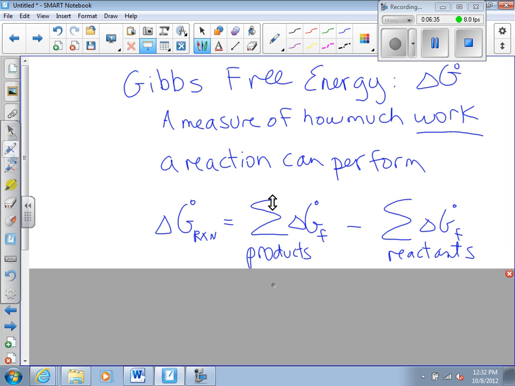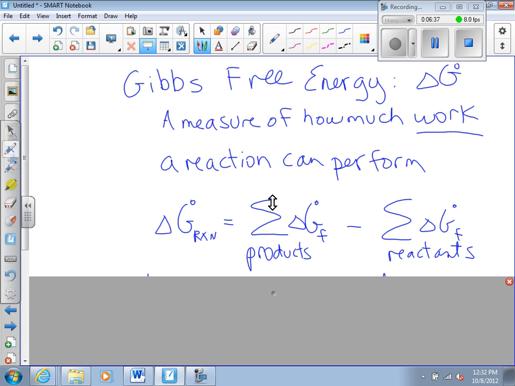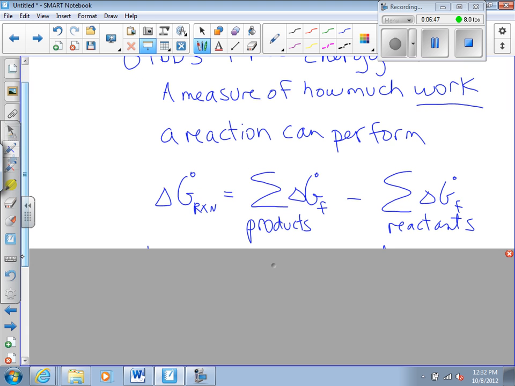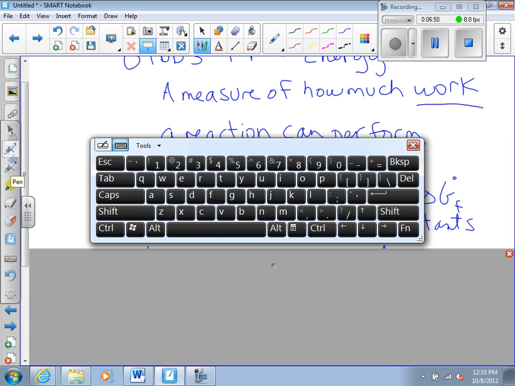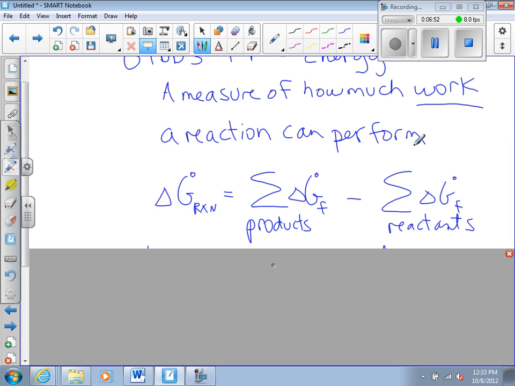There is an equation that we can use to find delta G for a reaction. And it looks just like what? Yes, hopefully you know. It looks just like delta H, doesn't it? Kind of looks like delta S, but there's something a little bit different here. Do you notice there are these deltas here?